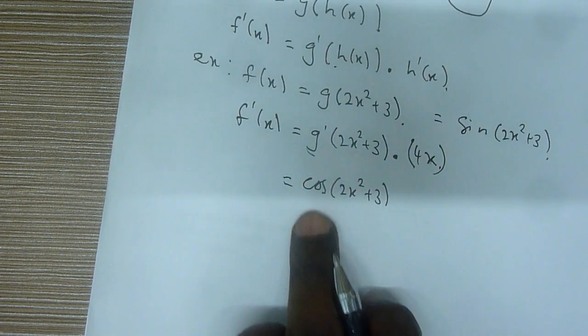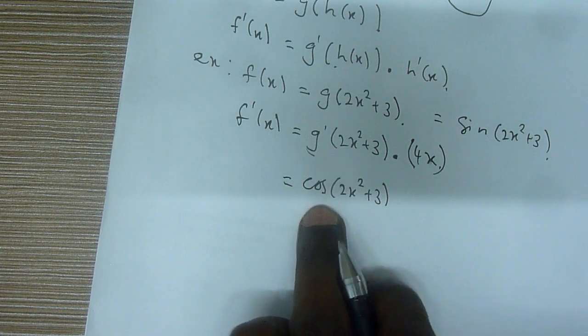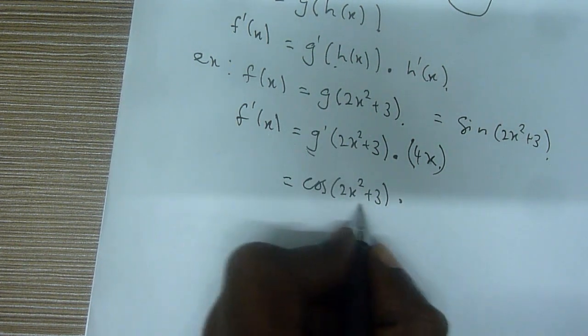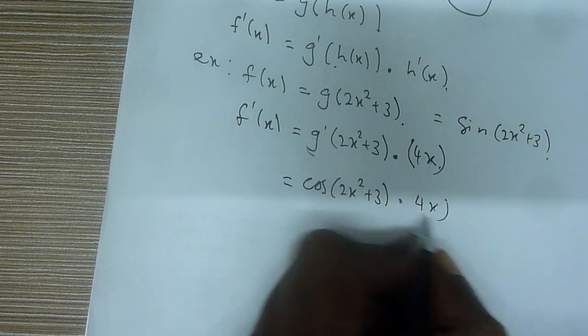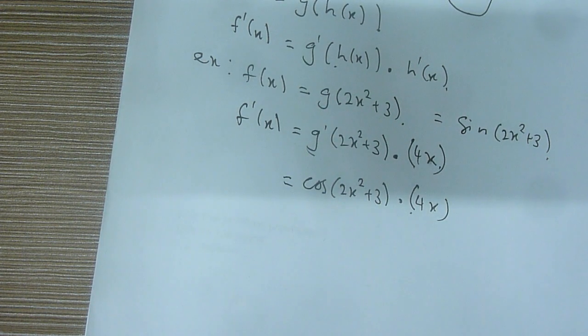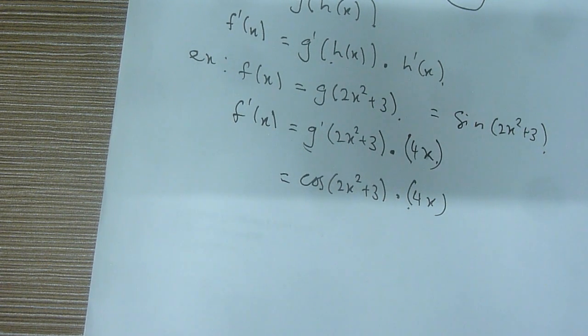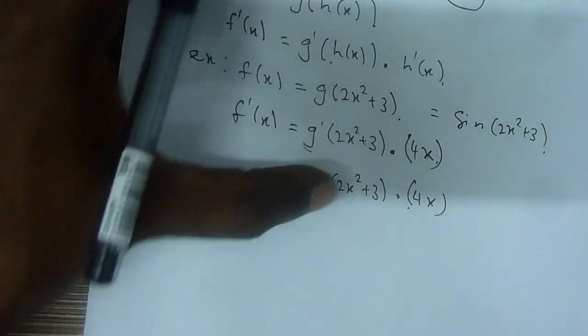Okay, after you differentiate the g, then only you should go inside and differentiate that. Can you follow? Okay, this is very important. This is very fundamental and very basic, and this example is the most important as well.